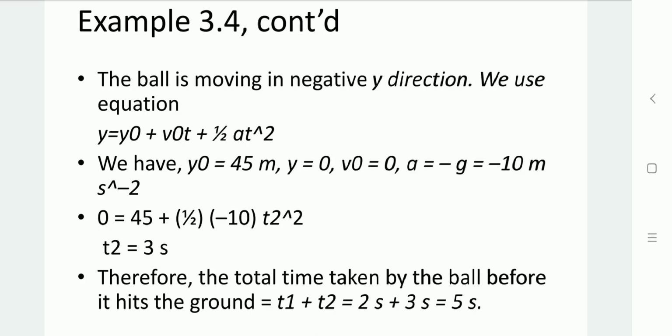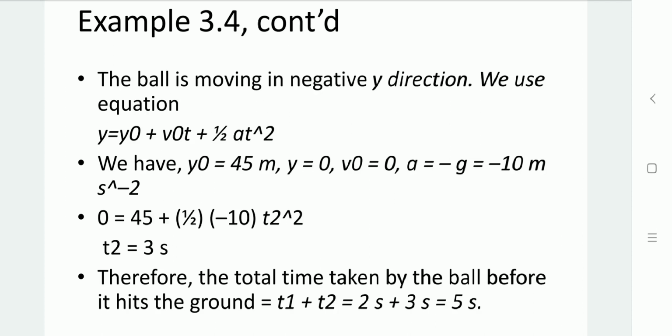So 20 plus 25 is 45. Final position y equals 0. Initial velocity v0 is 0. A equals minus 10 meters per second square. By applying all the values, we get T2 as 3 seconds.